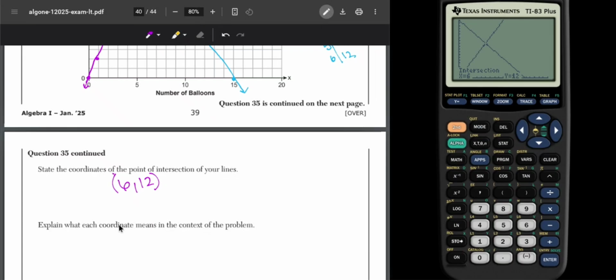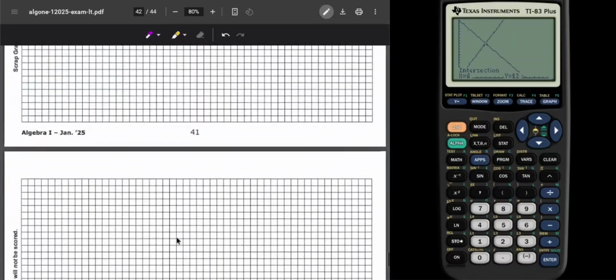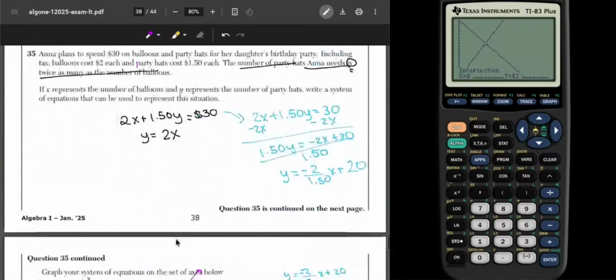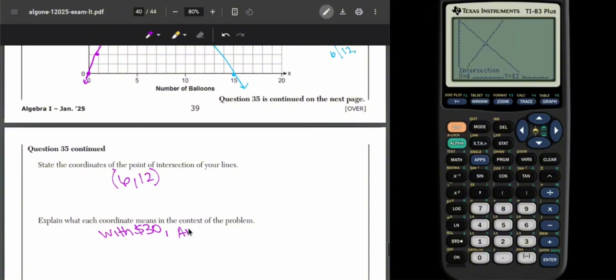So explain what each coordinate means in the context of the problem. So that means that with $30, Anna can purchase 6 balloons and 12 party hats, because remember, your X was your balloons and your Y was your party hats.